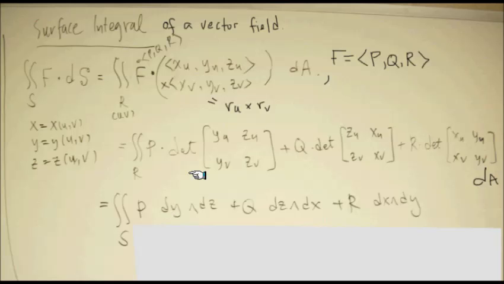If you replace this y and z with dy wedge dz, z and x with dz wedge dx, and x and y with dx wedge dy, and P, Q, R are still there.